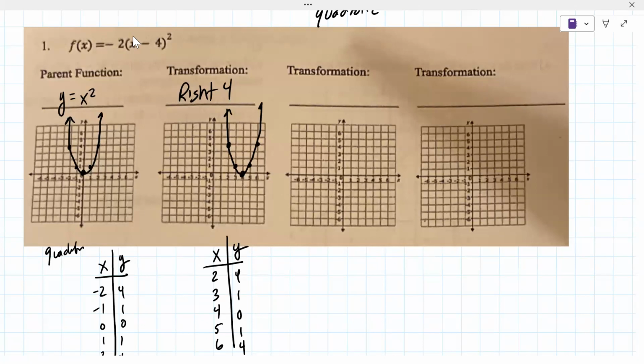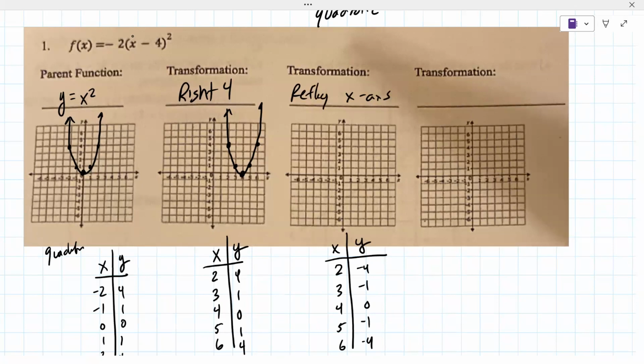I also realize that it will reflect vertically. You can say over the x-axis, and that only affects the y values. They all get negated. So then it just gets flipped upside down pretty much.